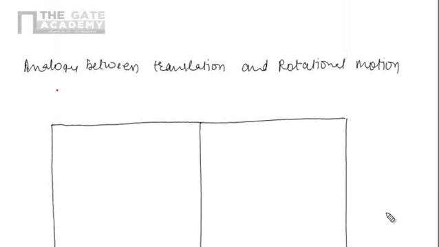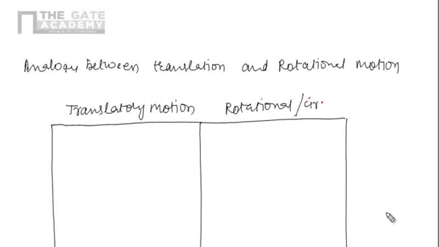So here I am drawing a table. You will see what different terminology we are using. Translatory motion, and here we have rotational, or we can say circular motion.